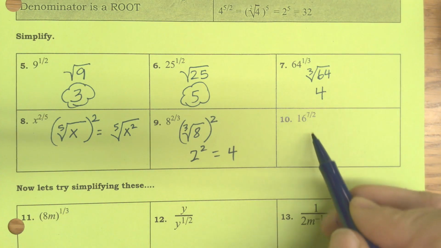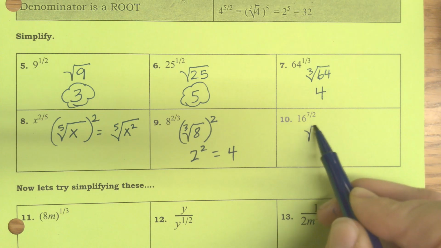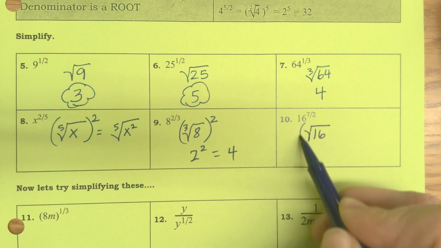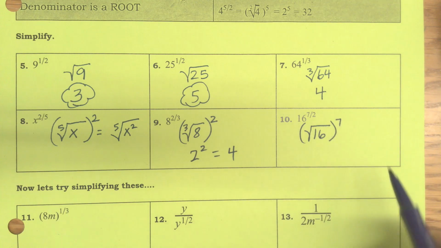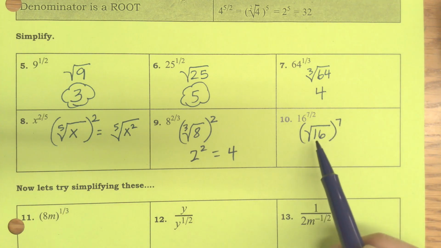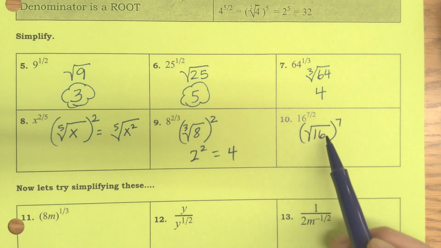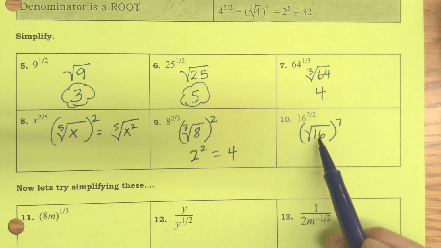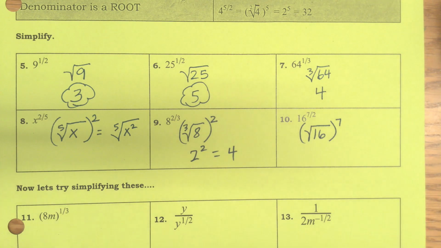Up next I have the square root of 16 raised to the 7th. Eek. Well, the square root of 16 is what? Square root uses the front one, square root, 4. 4 raised to the 7th.